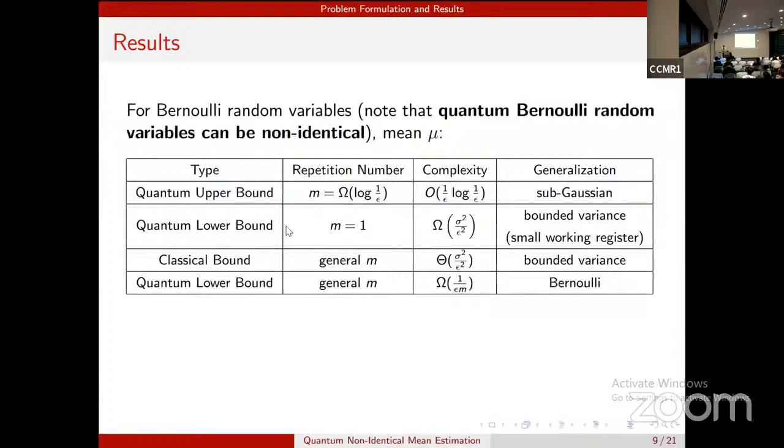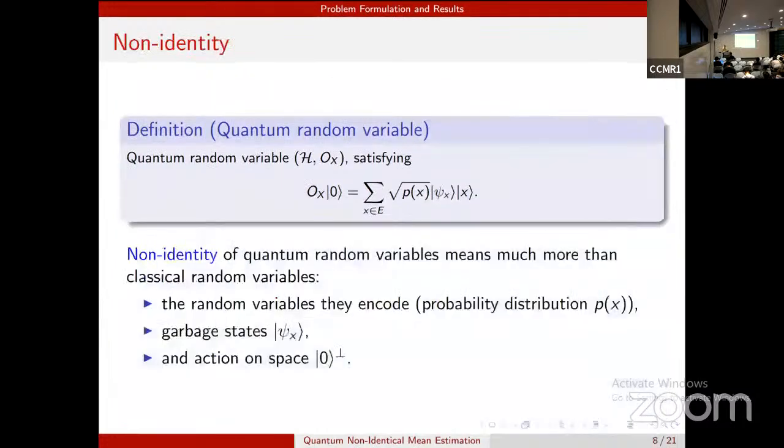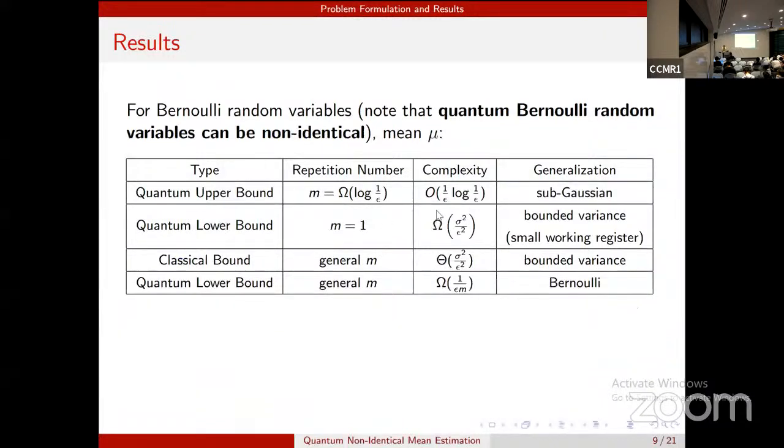So our results are listed here. If the repetition number m is in Omega(log 1/epsilon), which means we can query each of the different quantum random variables, X1 to Xt, a few times, just a log factor, then we have an upper bound quantum query complexity of O((1/epsilon) log(1/epsilon)).